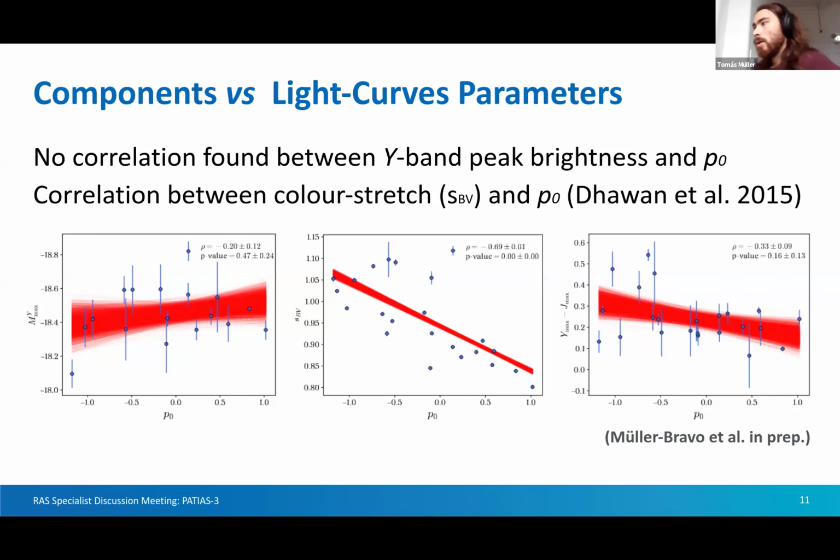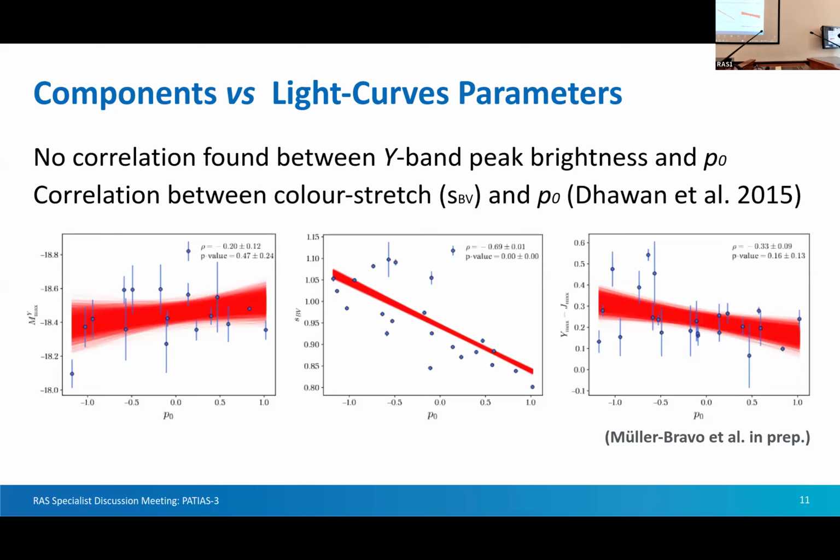So we can plot this component versus different light curve parameters. In this case, I'm plotting this first component for the Y band versus the peak absolute magnitude, then this SBV, which is the color stretch obtained using SNooPy.